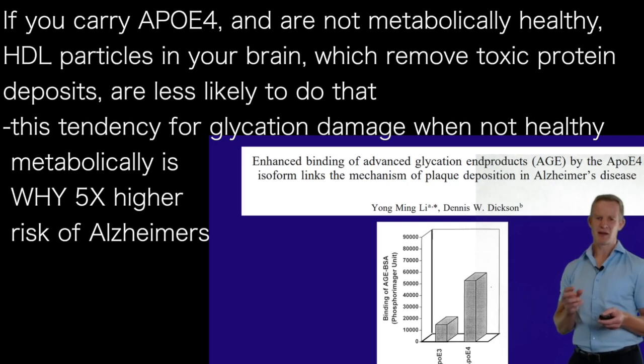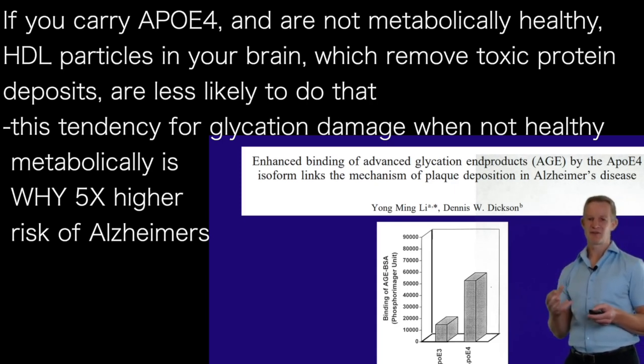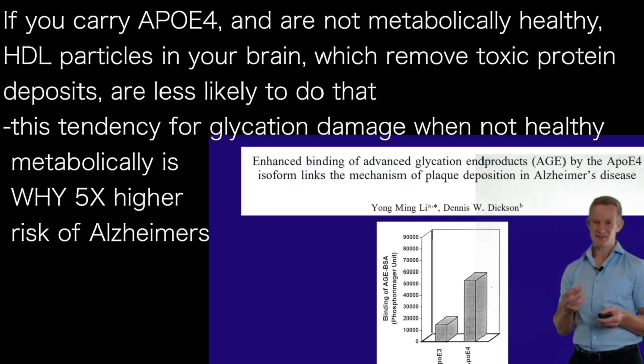If you carry APOE4 and are not metabolically healthy, the HDL particles in your brain which remove toxic protein deposits are less likely to be able to function. This tendency for glycation damage, if you were not metabolically healthy, is why those with the APOE4 genotype on average are about 5 times more likely to develop Alzheimer's disease.